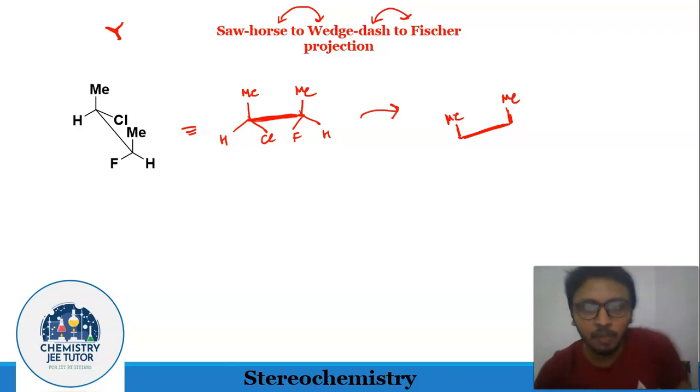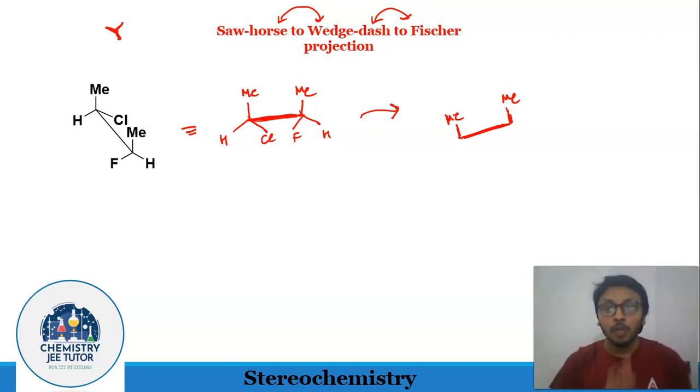This is an eclipsed conformation. If you have seen the last video, you will know what an eclipsed conformation is and what a staggered conformation is. When you need to convert a sawhorse to a wedge dash and then to a Fischer, don't change from eclipsed to staggered. If it is given as eclipsed in sawhorse, keep it eclipsed in wedge dash. Don't change it to staggered in wedge dash. Keep it as it is.